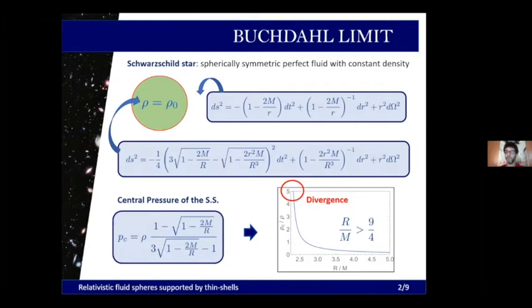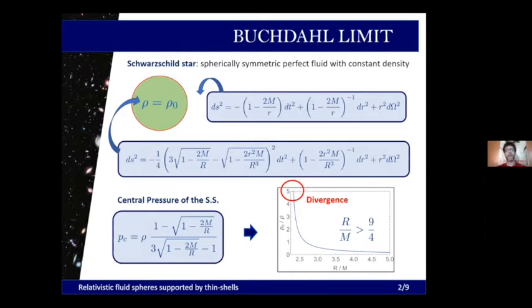This is my objective. I will try to take the Schwarzschild star, drop one of the assumptions of the Buchdahl theorem, and create models that can be used to replace black holes that do not have any horizons or singularities. That's the objective of this talk.